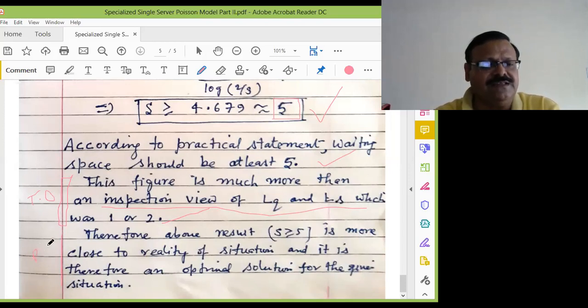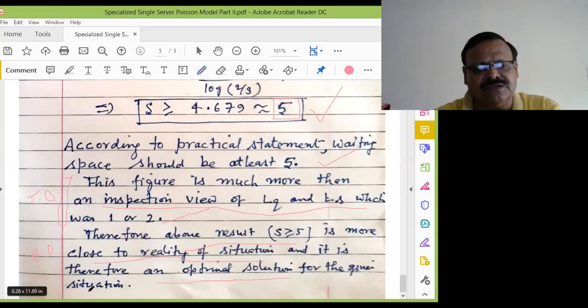And we are applying the queuing theory, nothing less or nothing more. So therefore, the above result is more close to the reality of the situation, and it is therefore an optimal solution for the given situation.